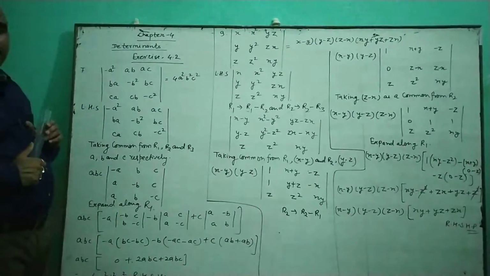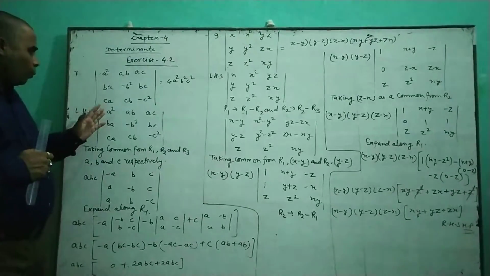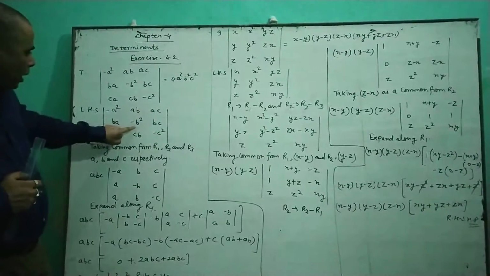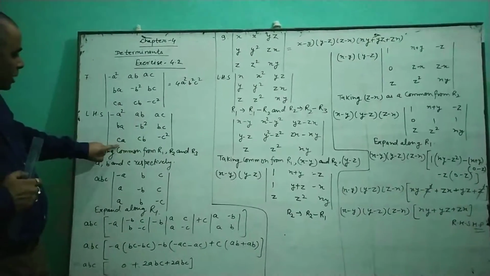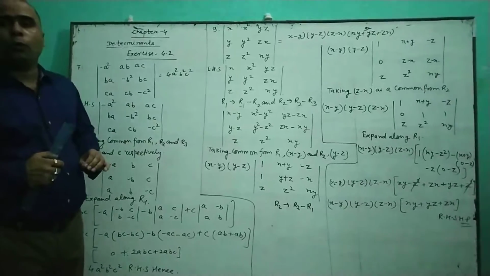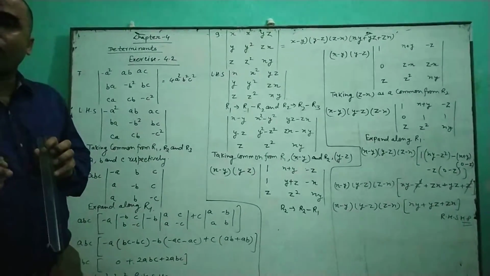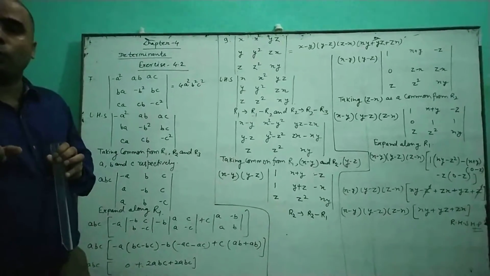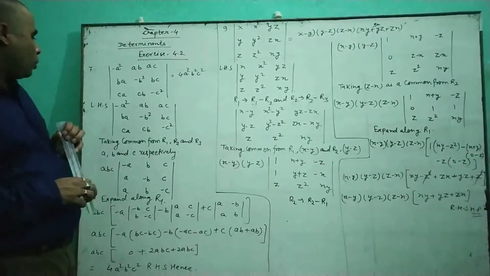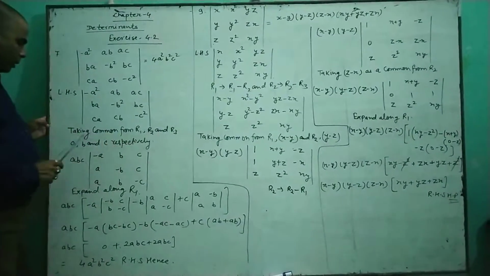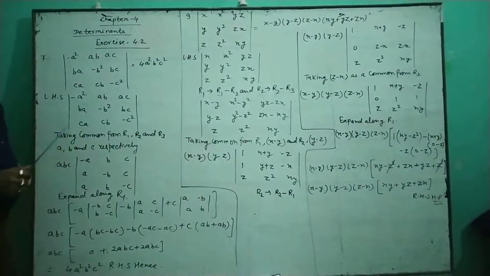Now in the left hand side you see here a in first row, b in second row, c in third row is common. So we have to take common from first row a, second row b and third row c. So we are taking common from R1, R2, R3, a, b and c respectively.